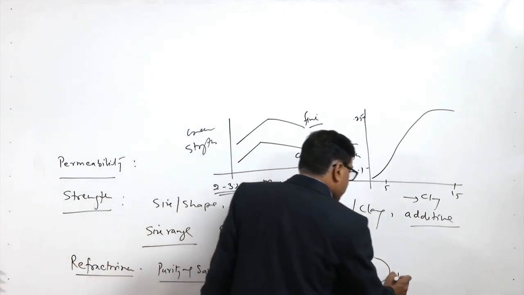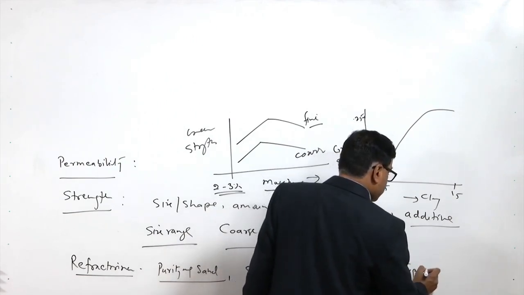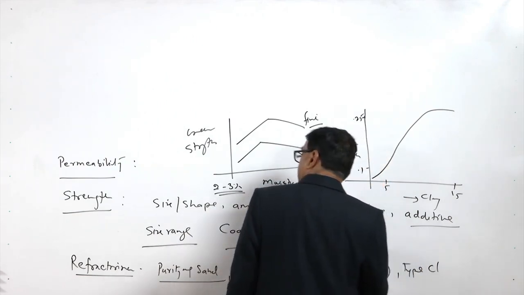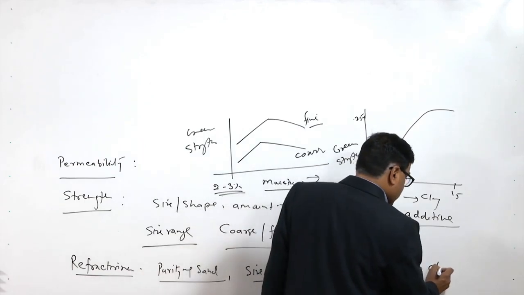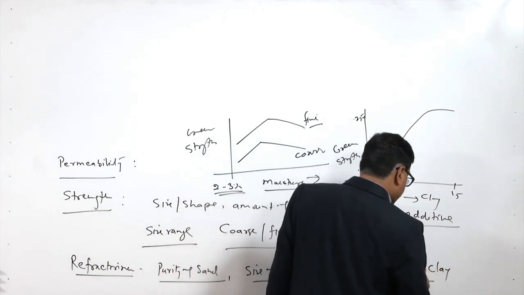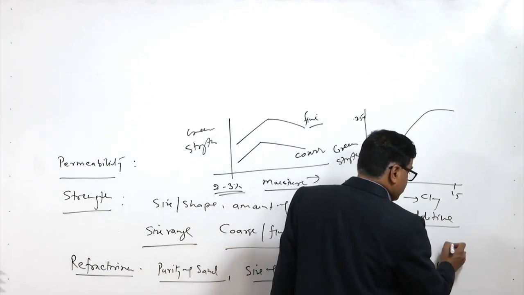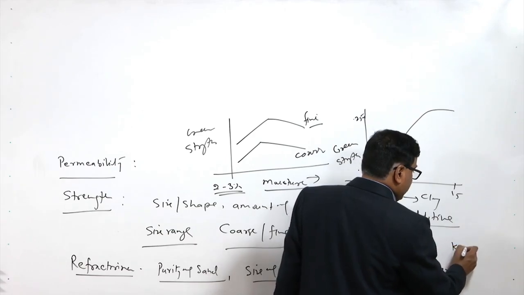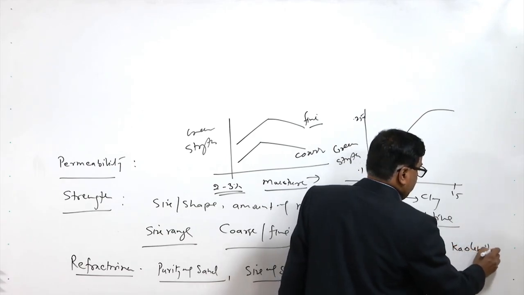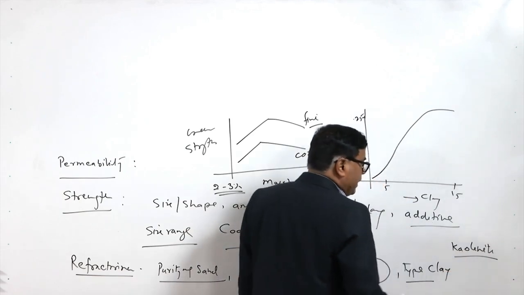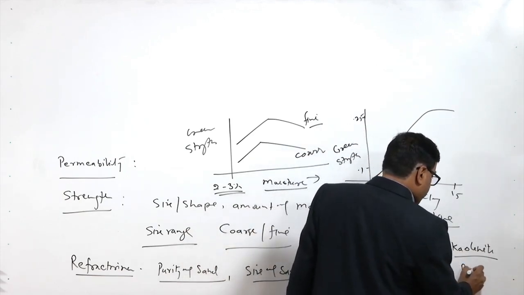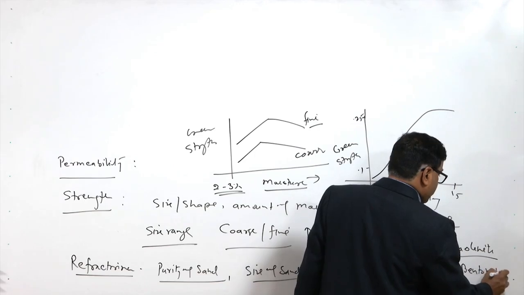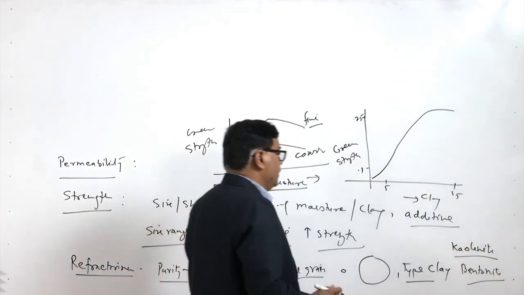On the other hand, the type of the clay which has been used in the mold also matters. As we have mentioned, kaolinite has a higher melting point as compared to bentonite. So, bentonite will be fusing much earlier as compared to kaolinite.